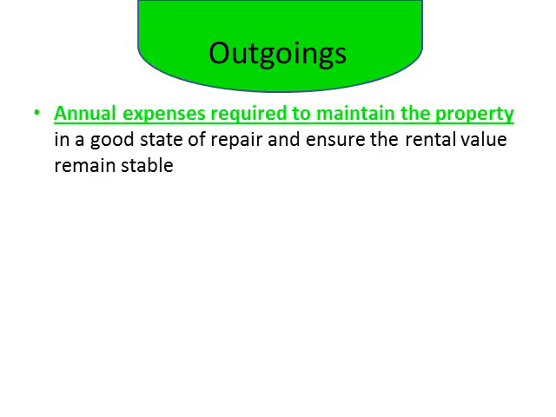Okay, so the next thing that is really related to the rental value is outgoings. So what is outgoings? Outgoings is the annual expenses required to maintain the property in a good state of repair and ensure the rental value remains stable.